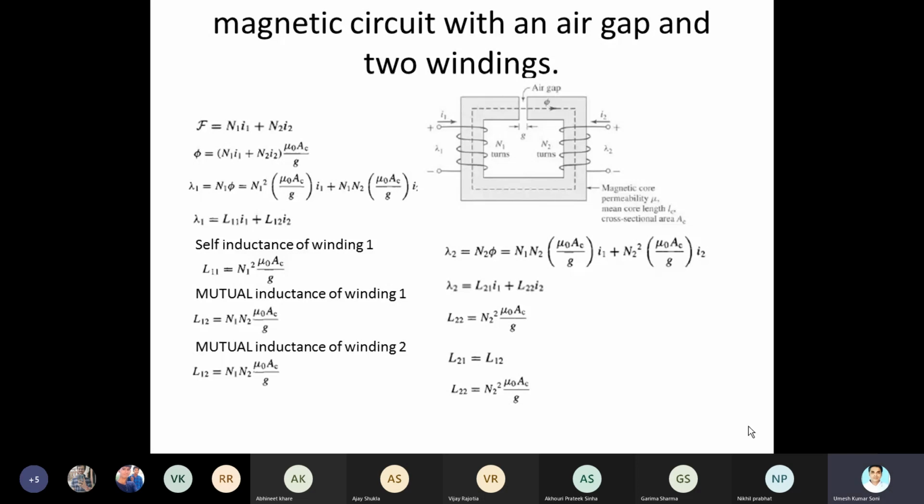So here you can see that the primary winding has given its MMF N1 I1, and if you take the thumb rule by curling the fingers and directing your thumb in the direction, you can see that the flux direction is clockwise as you see here.